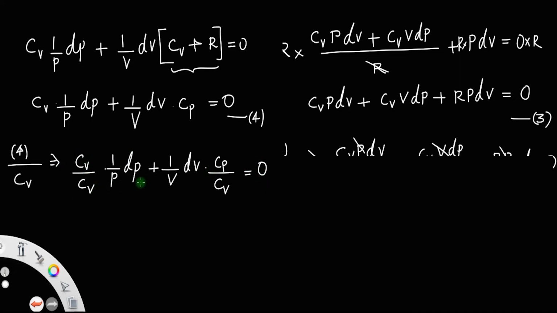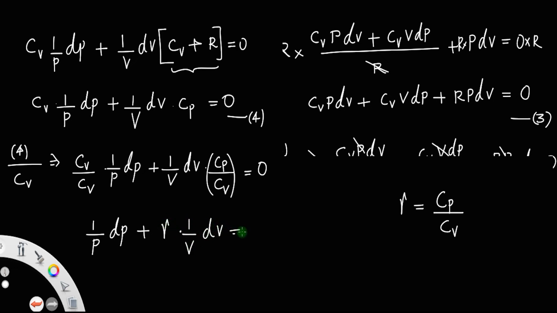Cv by Cv will get cancelled. So this is equal to 1 by P dP plus, Cp by Cv is the heat capacity ratio, gamma. So you can write gamma times 1 by V dV equal to 0. Let's call this equation number 5.